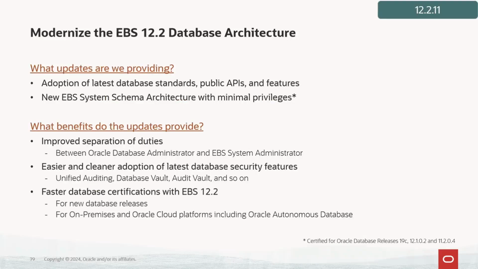So starting from 12.2.11, we provided the ability for people to do the so-called E-Business Suite system schema migration, which is part of adopting latest database standards, public APIs and features, and also setting you up to where you can have better separation of duties between your Oracle Database Administrator and your E-Business Suite system administrator. In other words, the E-Business Suite system administrator doesn't need all of the privileges that a database administrator needs, and this project will help you achieve that outcome.